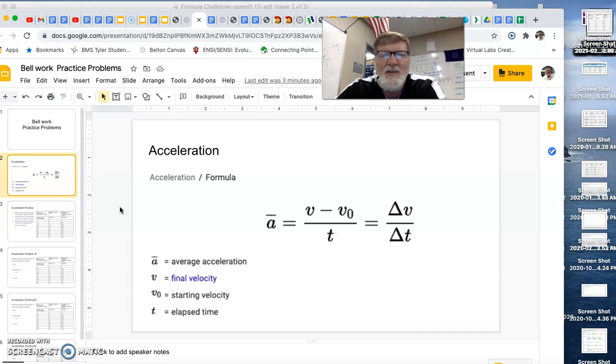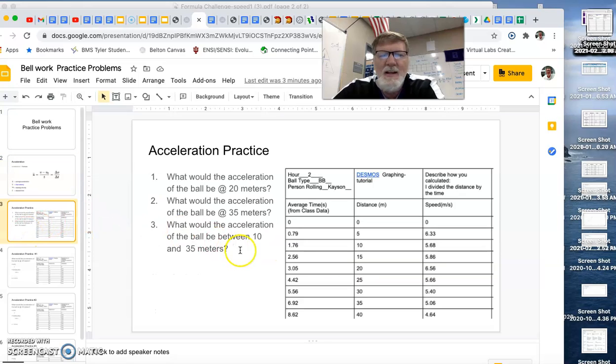Another way to look at that is the change in velocity over the change in time. To apply that, we're going to use our data from last week. Our speed columns will be our velocities. Our time column becomes our times.